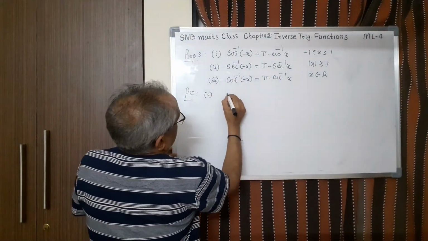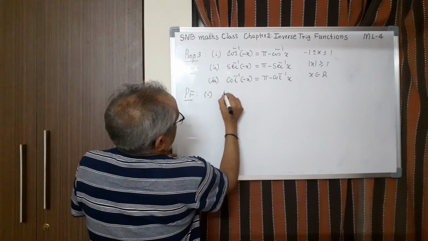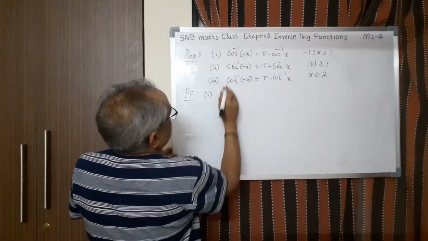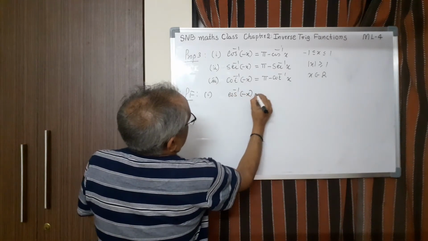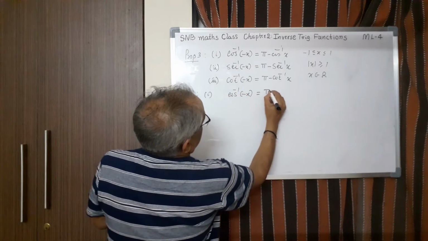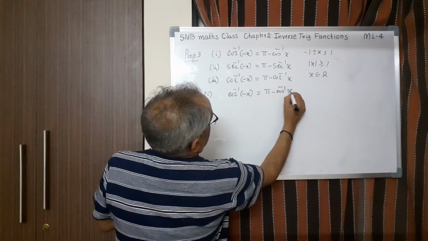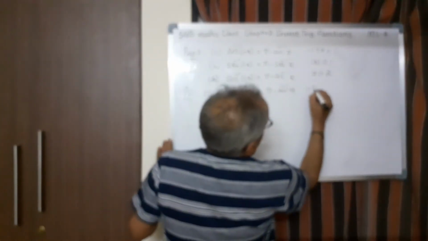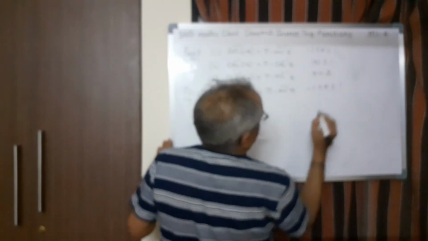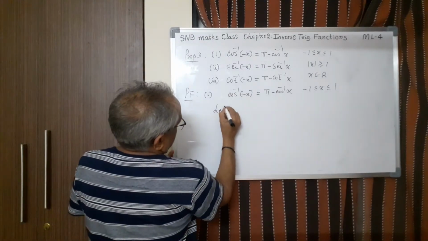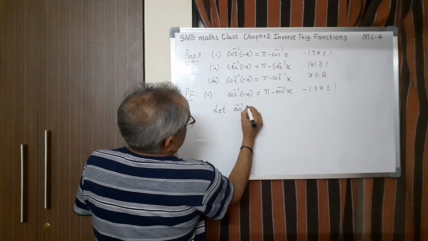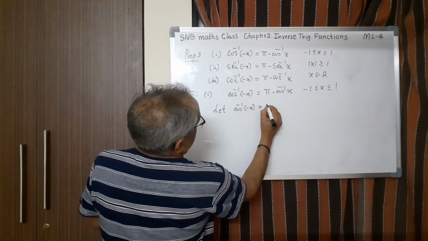So the first one is, let me write the property first. Cos inverse of minus x, I have to show, is pi minus cos inverse x. The condition is minus 1 less than x less than 1. So let cos inverse minus x equal to, let us say, a.